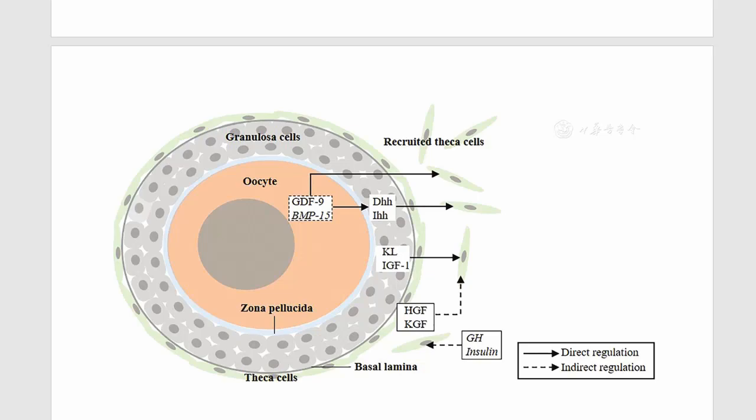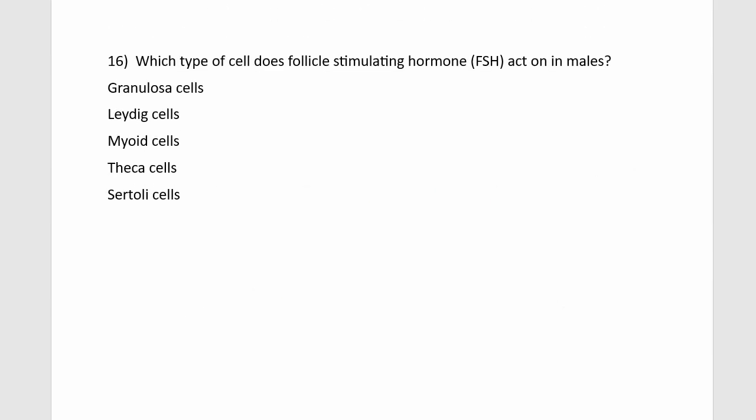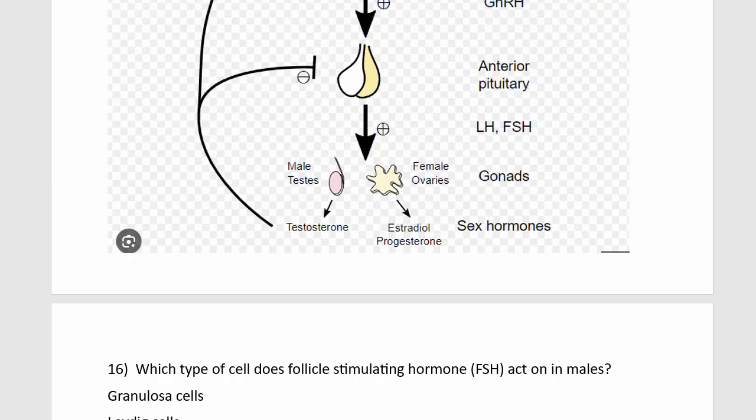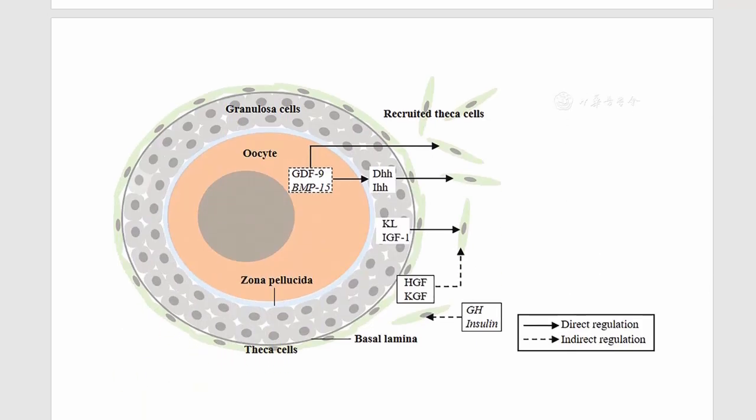Androgens serve as the precursor, so the molecule beforehand, for estrogen. And the granulosa cells are stimulated by FSH. The theca cells are stimulated by LH, so by luteinizing hormone. So the 2 hormones produced by the anterior pituitary, they act on different ones.